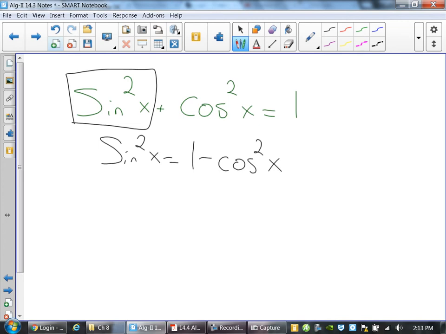Doesn't this mean sine plus cosine equals 1? No, because if you take the square root, you can't do that. What does cosine squared have to equal then? 1 minus sine squared. Good.